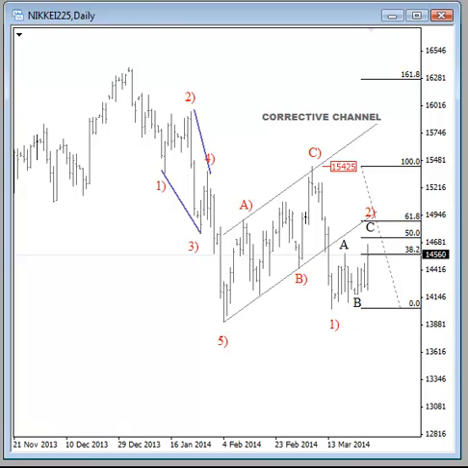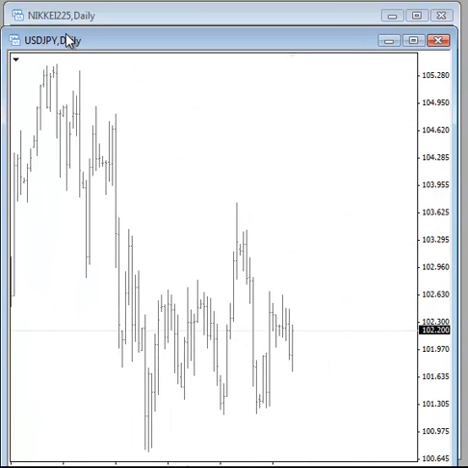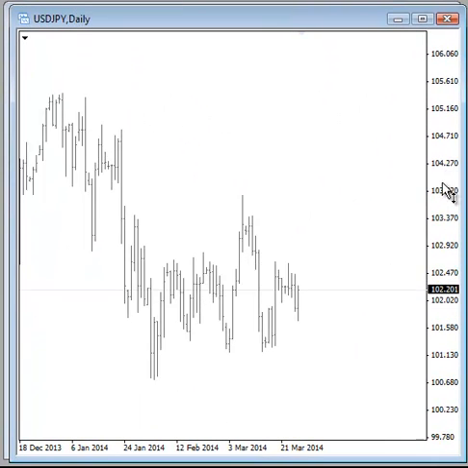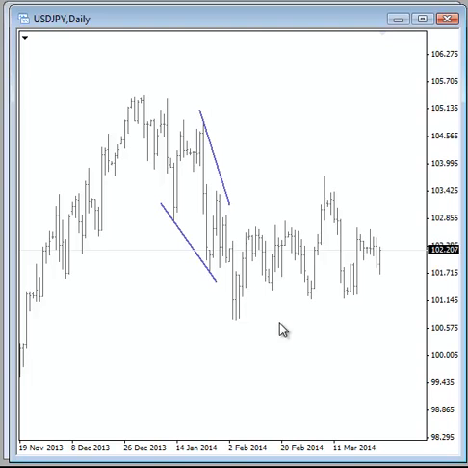So now I will take a look at dollar yen, and on the dollar yen chart, here is now the daily chart. Now this was also a leading diagonal. Okay, so this is the first leg of a larger three wave retracement.